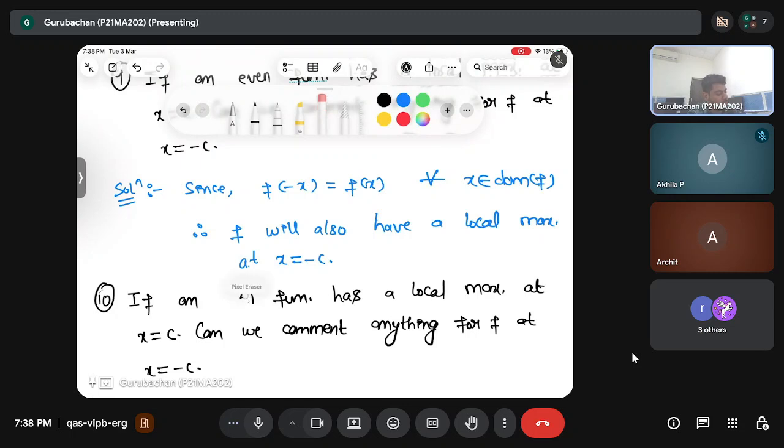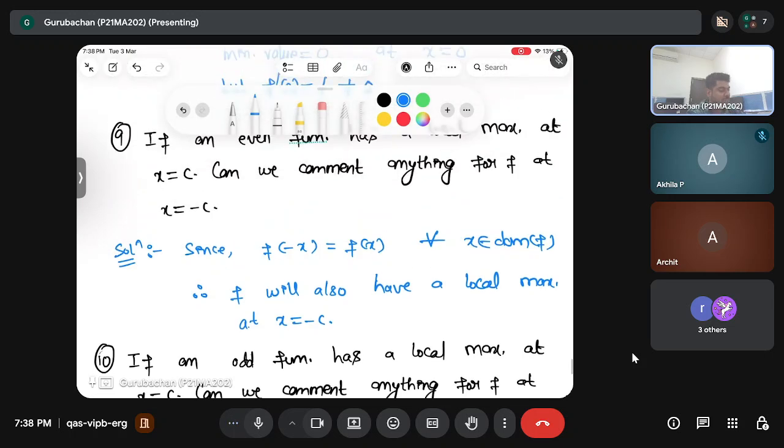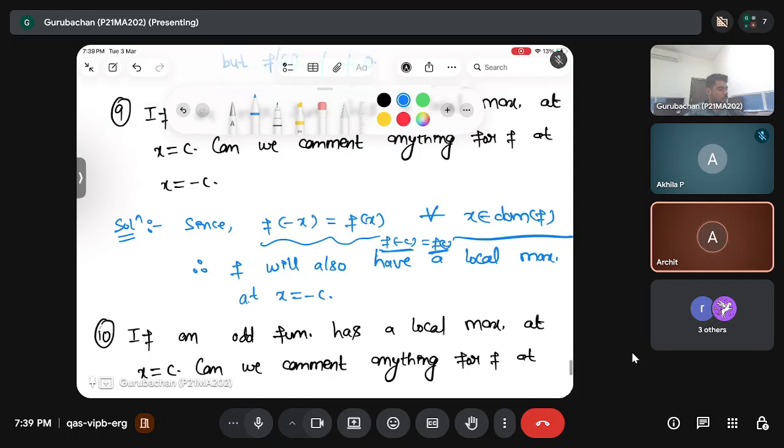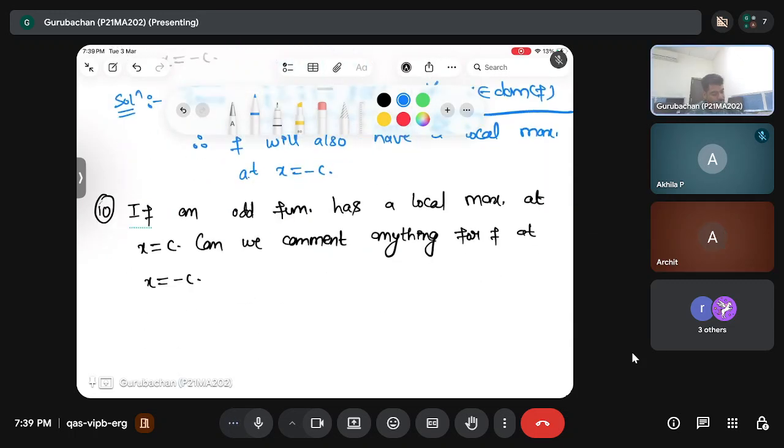Just a second. This is the proof itself. In general, you are saying this thing. Then obviously at c it will also be the same, na? At c, f of minus c will be f of c, and you are saying there is a local maxima at x equal to c. So now obviously there will be a maxima for f of minus c also, no? They have the same value. Yes, sir. So tell me for the odd function.